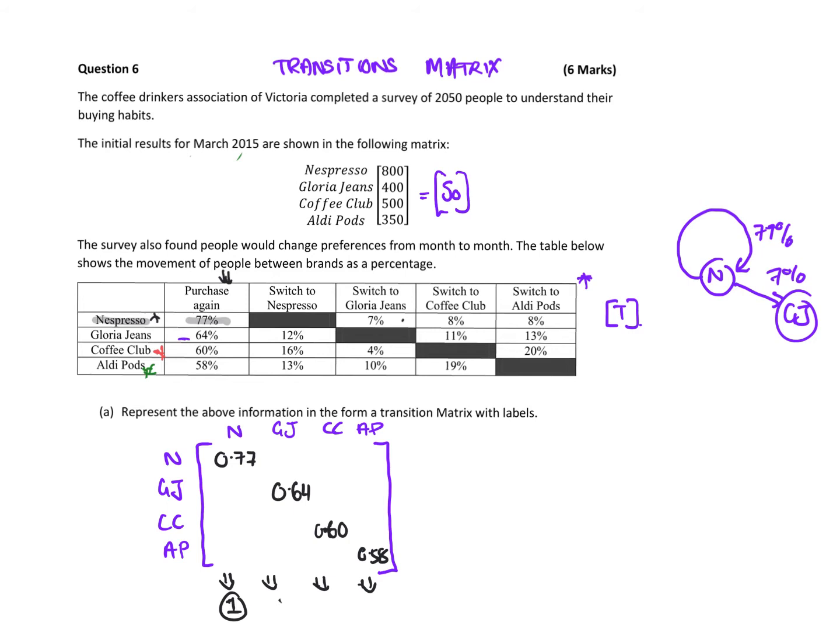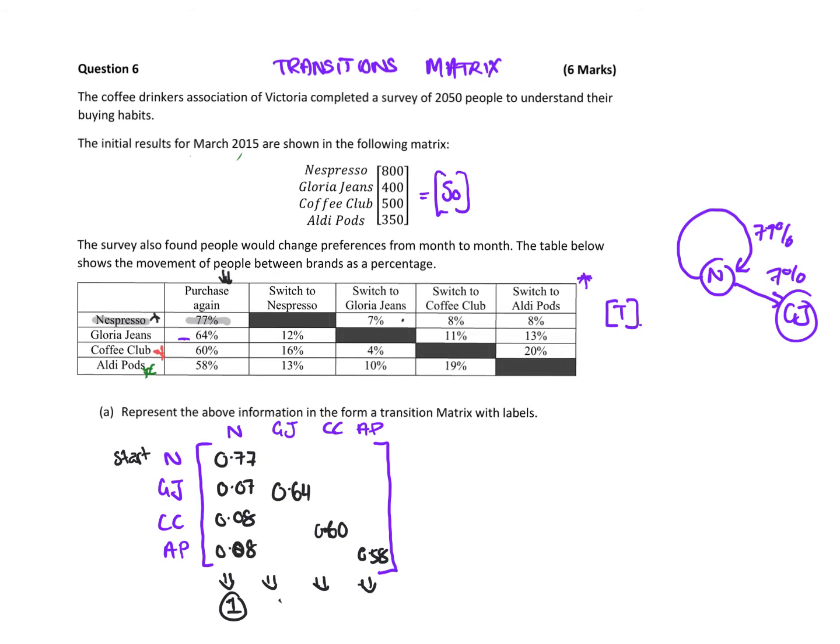Then we've got start and end here. If we start at Nespresso, 7% go to Gloria Jeans. Sorry, I've done that wrong. So here 7% go to Gloria Jeans, then 8% go to the Coffee Club, 0.08, and Aldi was also 8%.